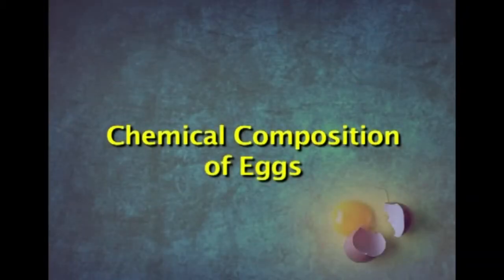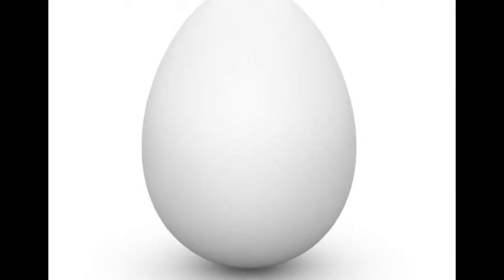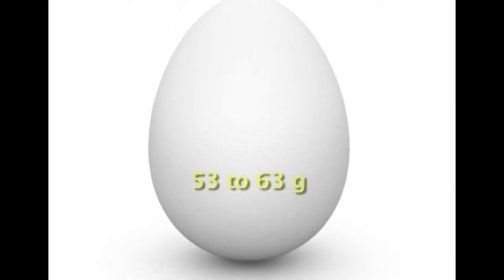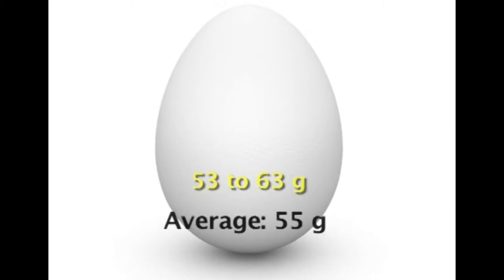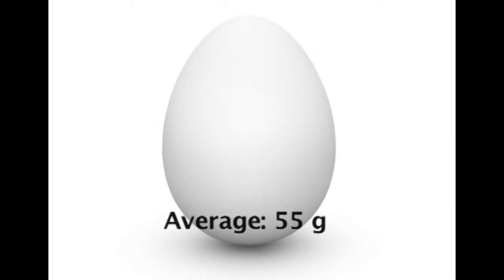Now, the chemical composition of eggs. The weight and composition of table egg is dependent on the heredity, the age, season, diet of the hen and other factors. A typical white egg usually weighs between 53 to 63 grams, with an average of 55 grams.